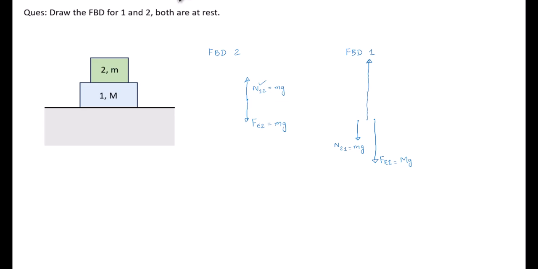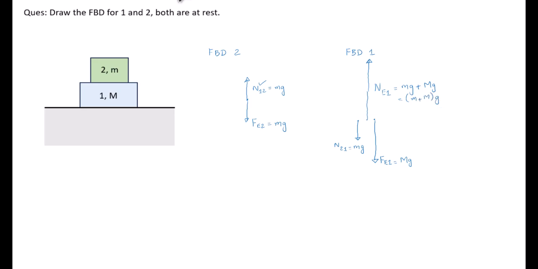It may not be up to the scale. I'll be providing the PowerPoint diagram a bit later, but for the sake of understanding, there has to be a normal force by Earth on object 1. And because total upward force is equal to total downward forces for equilibrium, this has to be equal to Mg plus mg, which I can also write as (M plus m) times g.